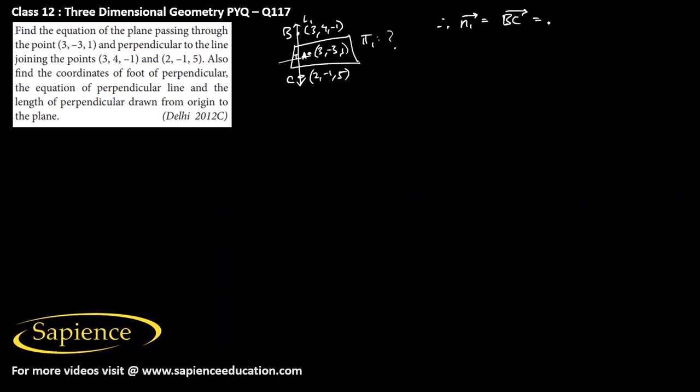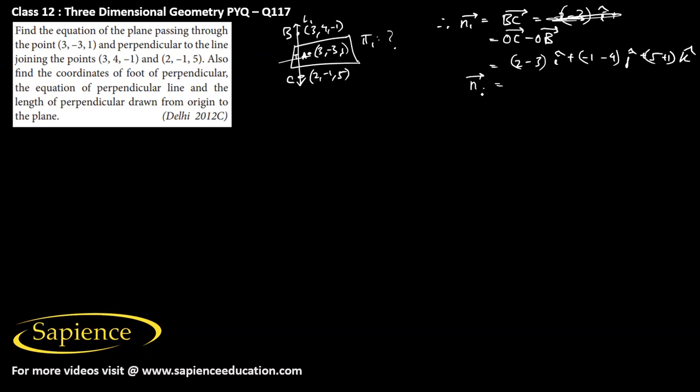So we can tell that it is equal to, since BC will be OC vector minus OB vector, so therefore that will be equal to OC, which is (2 - 3) i cap, plus (-1 - 4) j cap, and plus (5 - (-1)), that is plus 6 k cap.